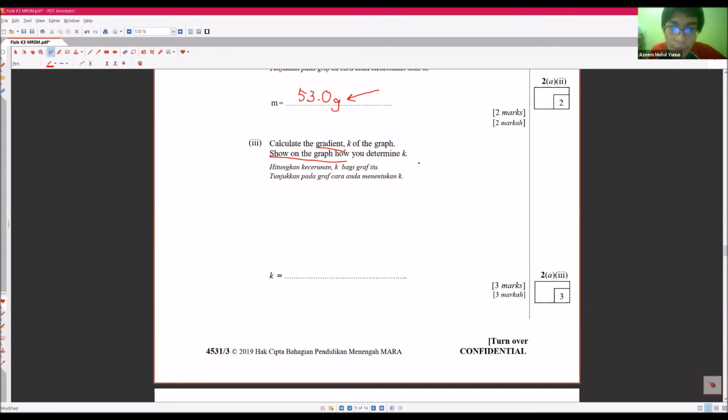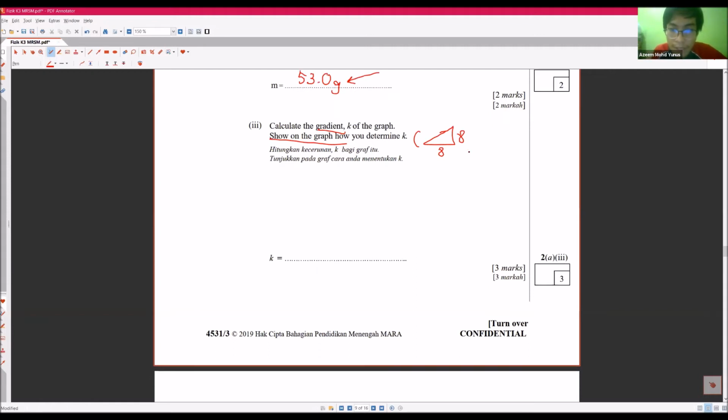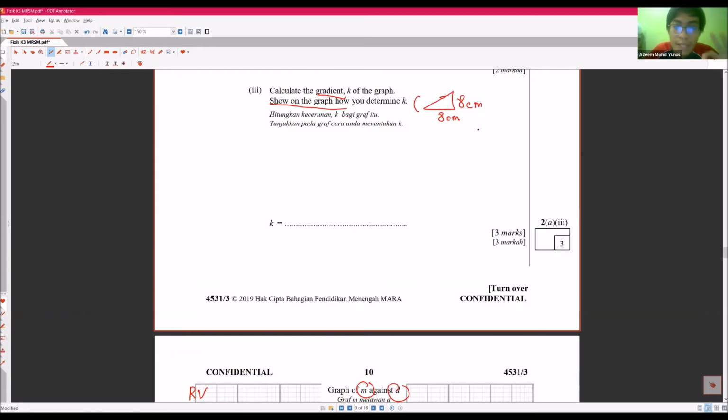So how are you going to show it? You have to draw a triangle, 8 boxes minimum. Here it means 8 cm, 8 cm. Not the smallest one, the 1 cm.